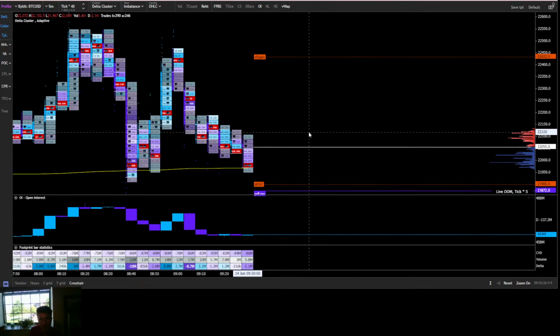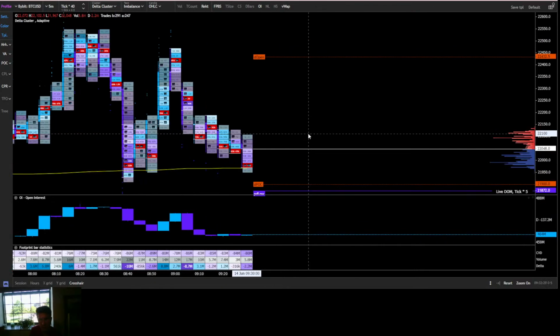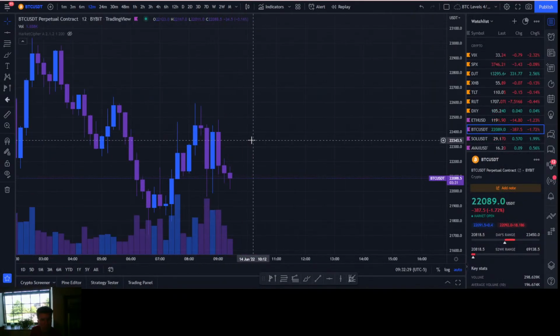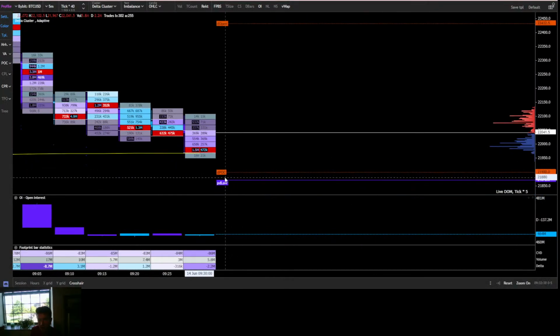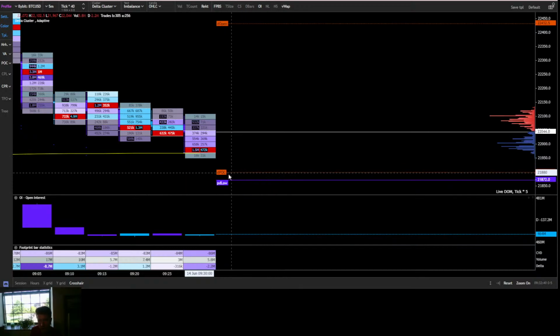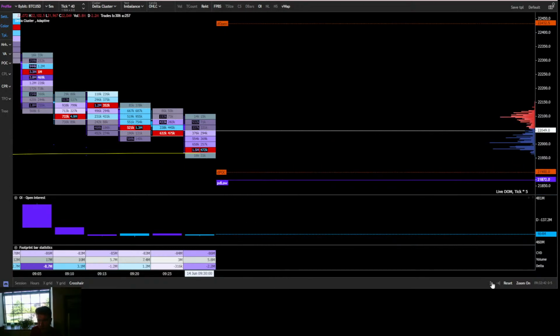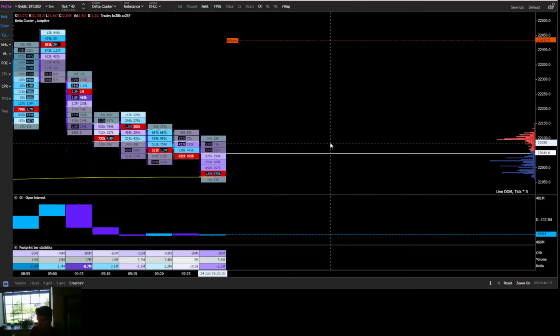Again, just be careful with longs. But if I were to take a long, I'd want to see a good bounce off of this previous day low. Again, price doesn't like to move too far away from the previous day.